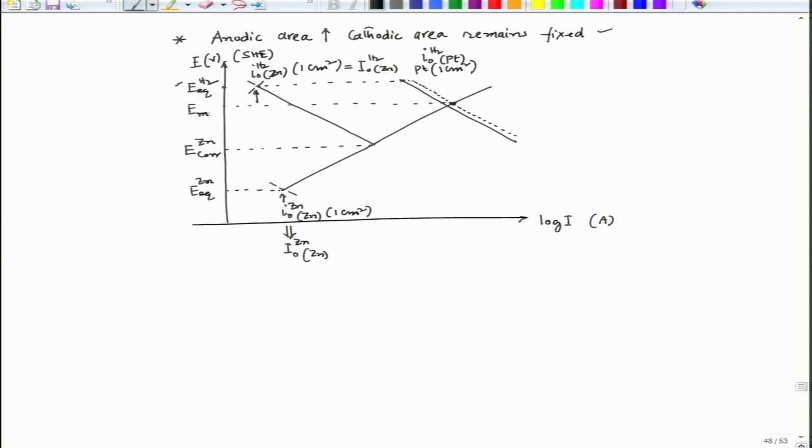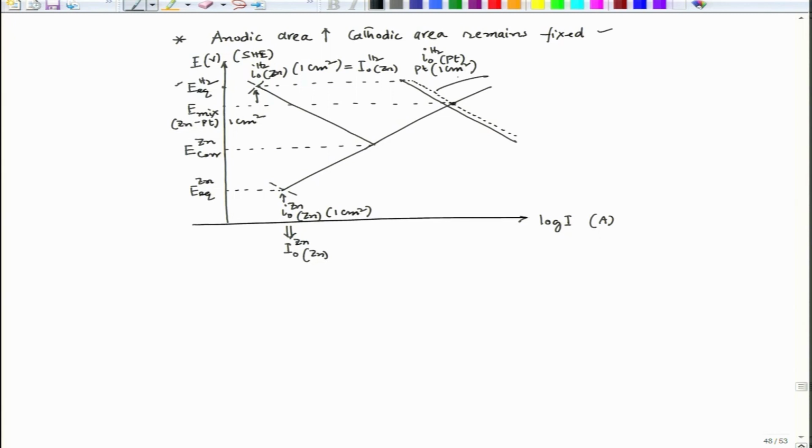So we continue this, and this becomes my E mix when we are connecting zinc and platinum of 1 centimeter square each, and I0 of hydrogen over platinum surface is very high.